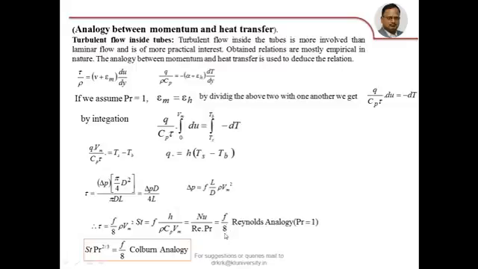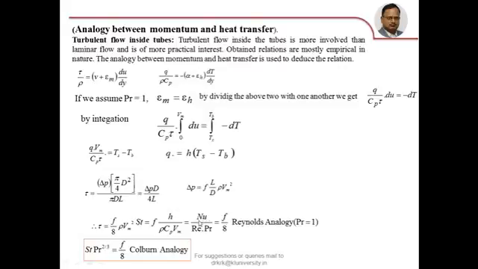The h by rho Cp Vm is nothing but Nu by Re Pr, which is equal to f by 8. So you can say the Stanton number equal to f by 8 is the Reynolds analogy. This analogy we can apply only when the Prandtl number of the fluid is 1.